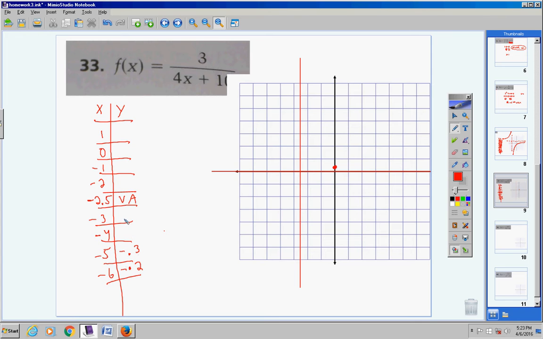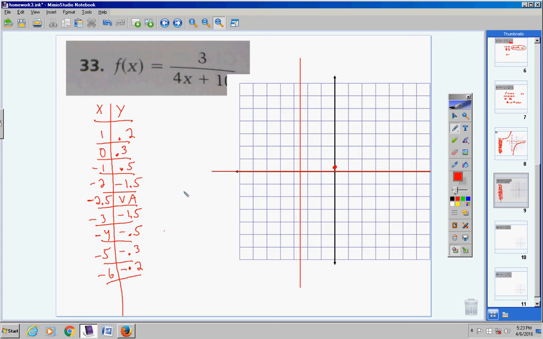Negative 4 is negative 0.5. And negative 3 is negative 1.5. Negative 2 would be negative 1.5. Negative 1 would be 0.5. 0 is 0.3. We knew that already. Remember, 0 is 3/10 or 0.3. And 1 is 0.2.